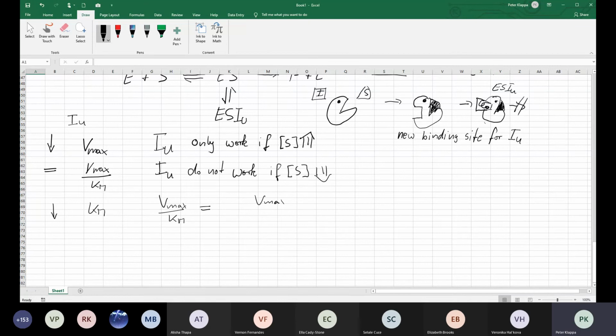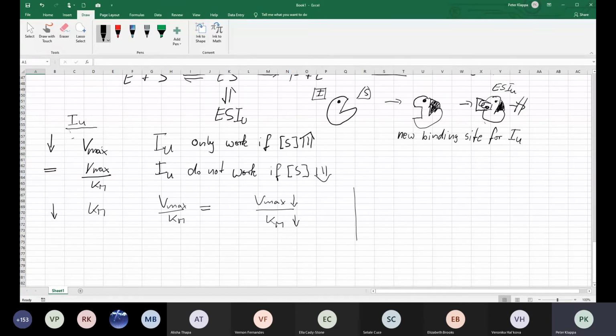Vmax goes down, so therefore Km must also go down. So for an uncompetitive inhibitor, Vmax goes down, Km goes down, Vmax over Km stays the same.